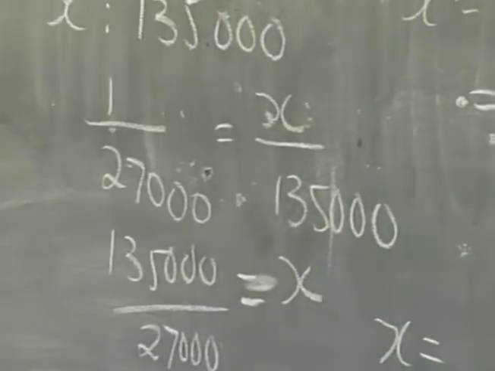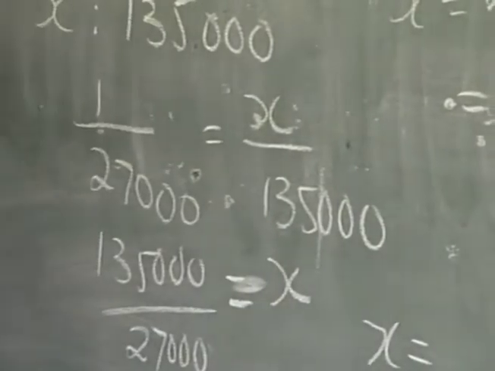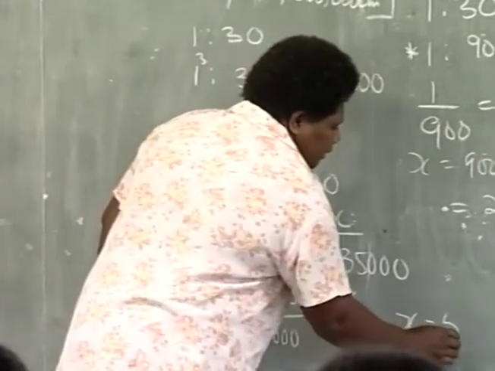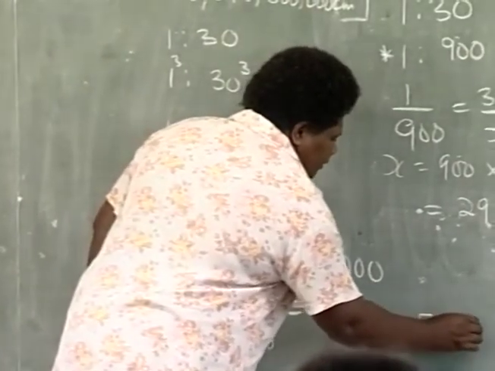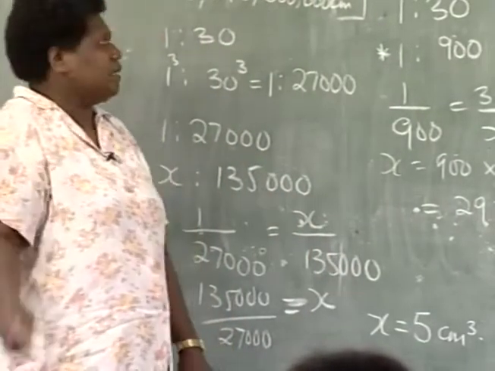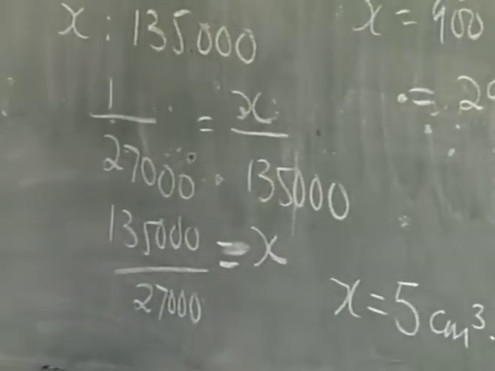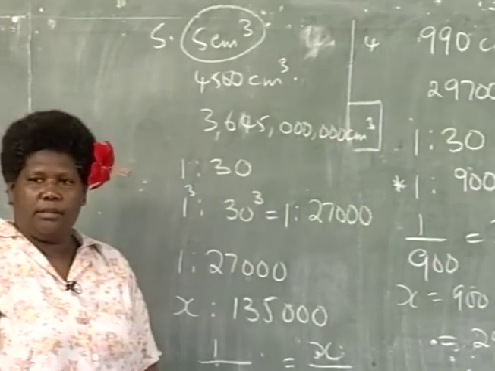What's 135 divided by 27? 5. Exactly. Okay, 5 cubic centimeters. So 5 cubic centimeters is correct.